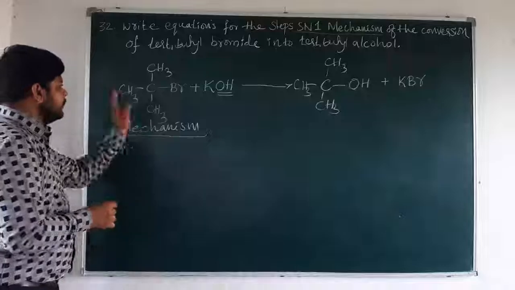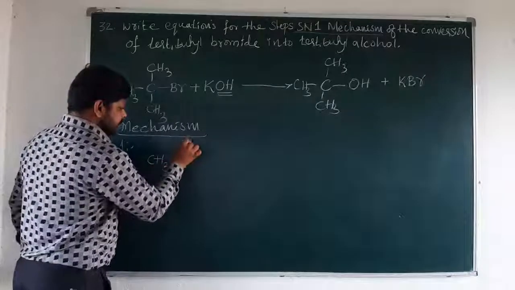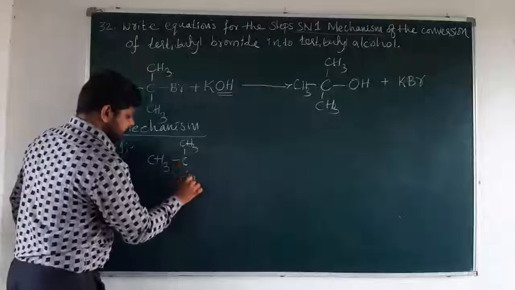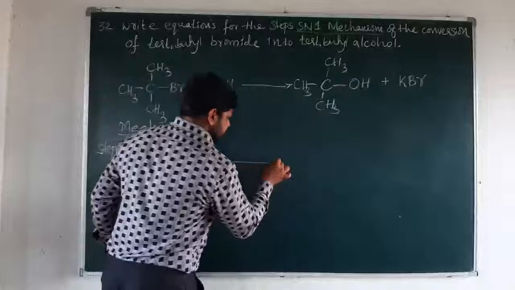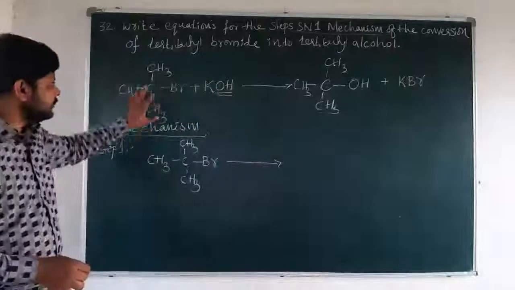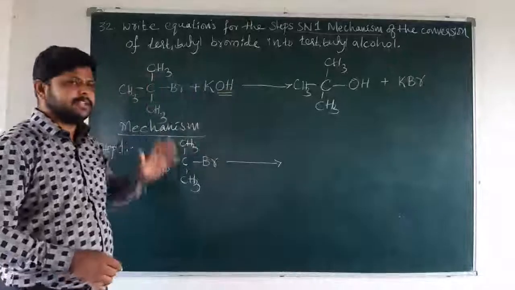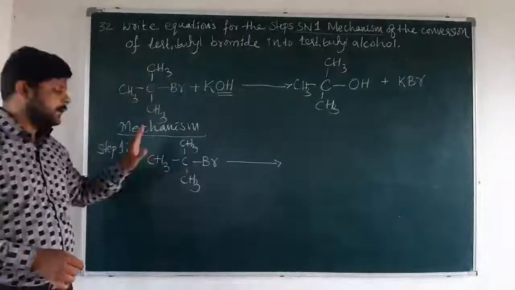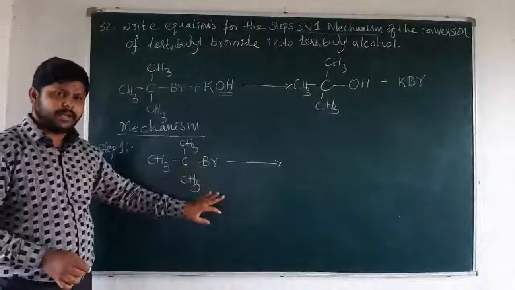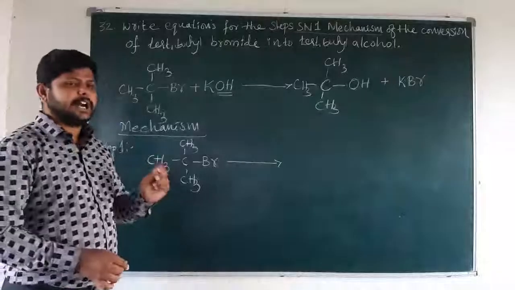In step 1, let us take tertiary butyl bromide. Before KOH attacks on this, in the first step, tertiary butyl bromide gives a tertiary carbocation.